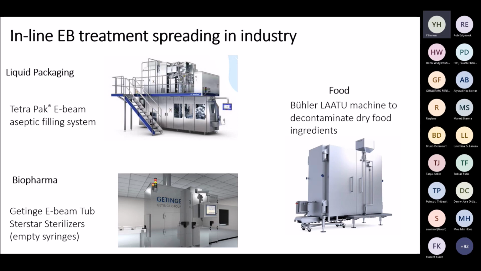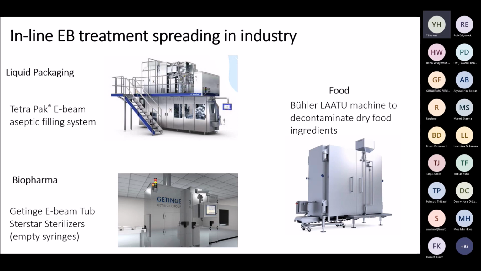The company Tetra Pak, a specialist of aseptic filling, now offers machines where the traditional treatment by hydrogen peroxide has been replaced by low energy electrons. Same in the biopharma industry, where tubs containing pre-filled syringes are sterilized with low energy beams.